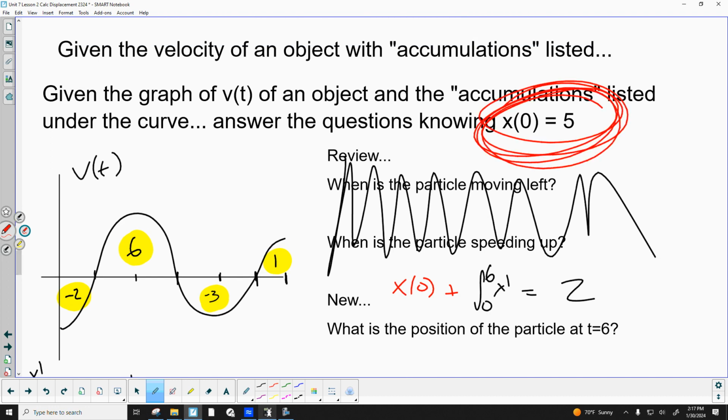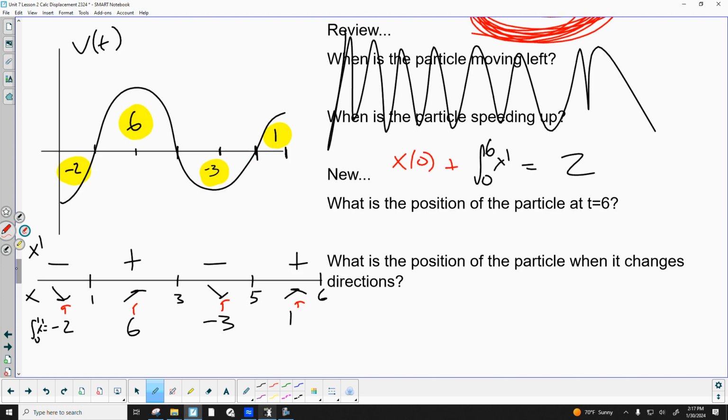You never really see it because you just started focusing on the graph of V. You actually know that your position at time 0 is 5. You start at 5. You then get to a position of 3. At time 1, position is 3. Hopefully that makes sense. I start at 5.